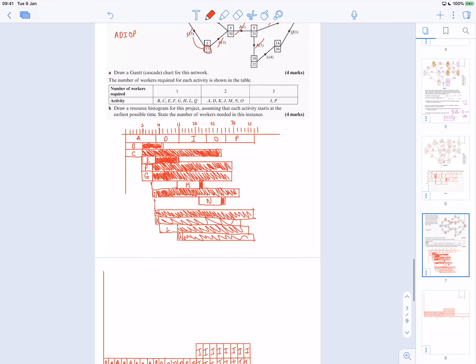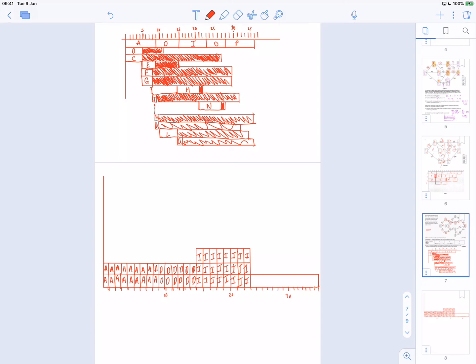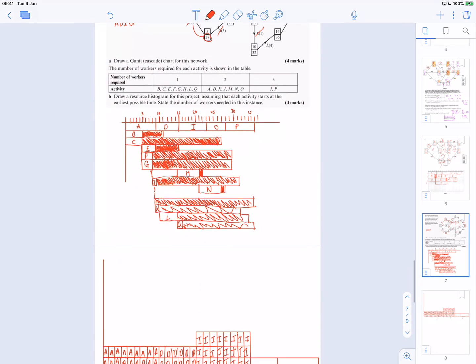And then O was 5 long from 23 to 28, so that's 29, so this is 28. And O had 2 workers, so I'm going to need 2 rows here, like so.